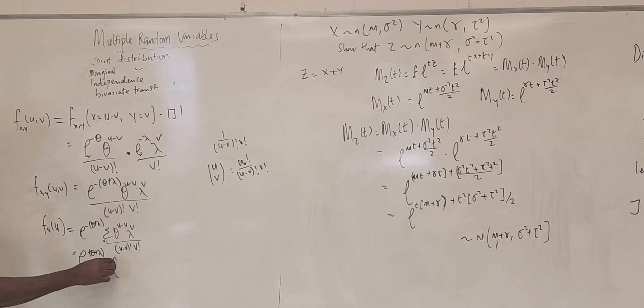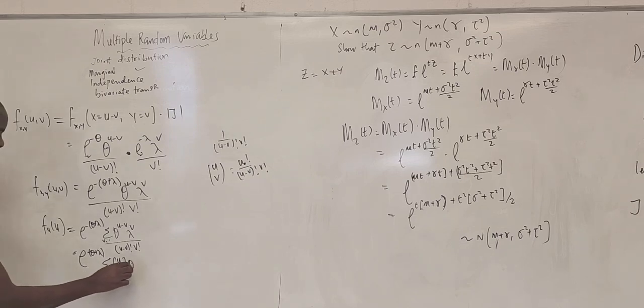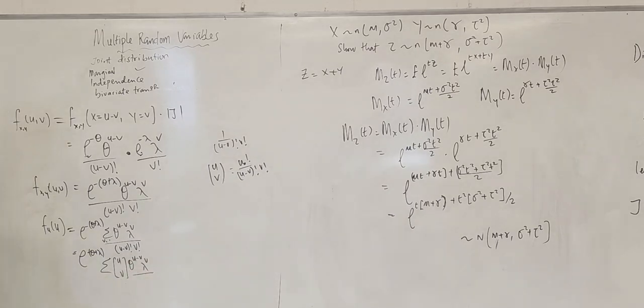So here you have the sum from v equals 0 to u, of u combination v, theta to the power of u minus v, lambda to the power of v, divided by u factorial.